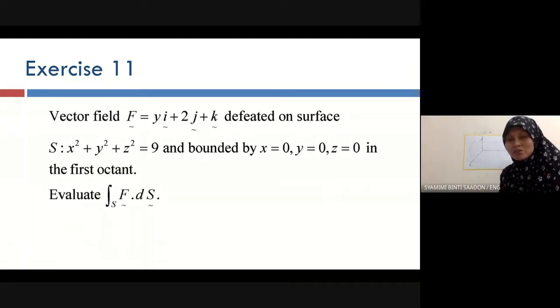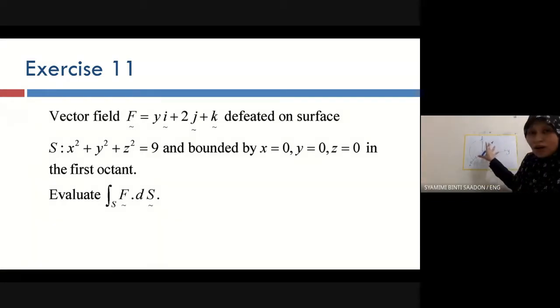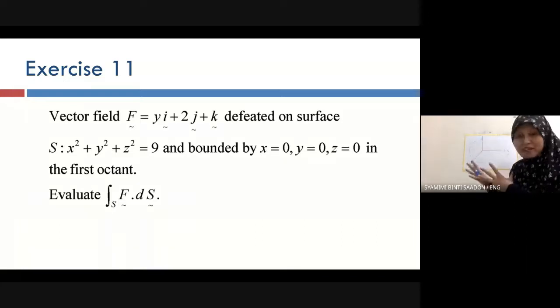But this given surface of a sphere is bounded by x = 0, y = 0, and z = 0. So we only consider the first octant, the first plane.